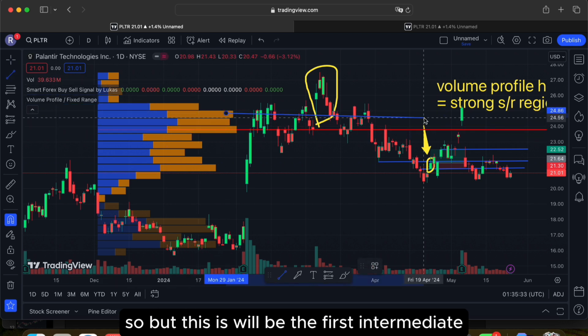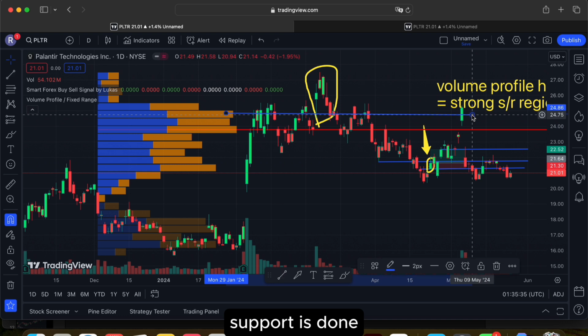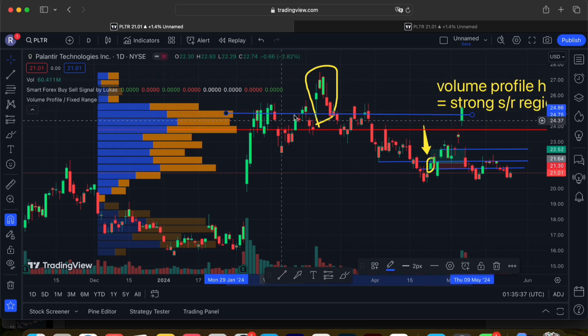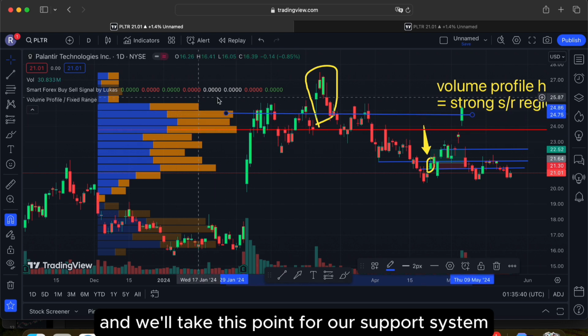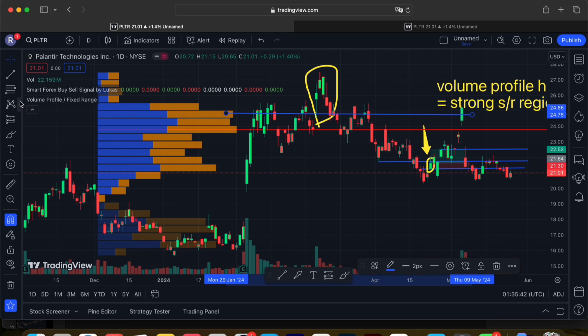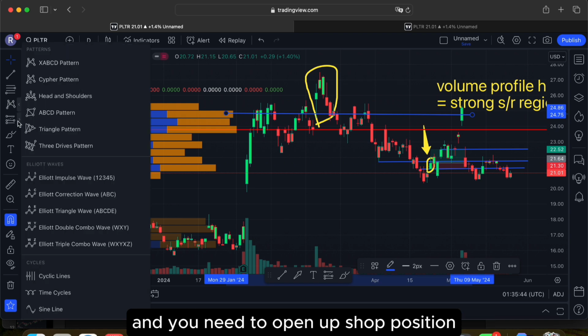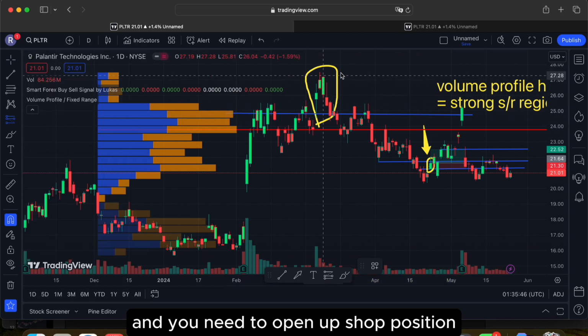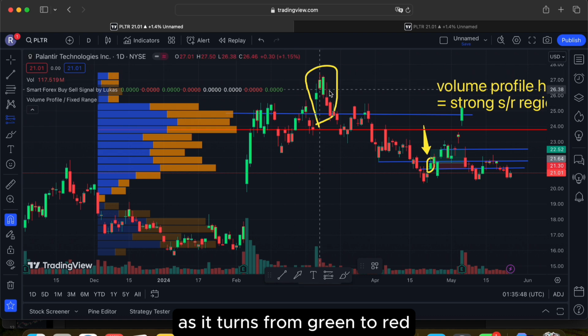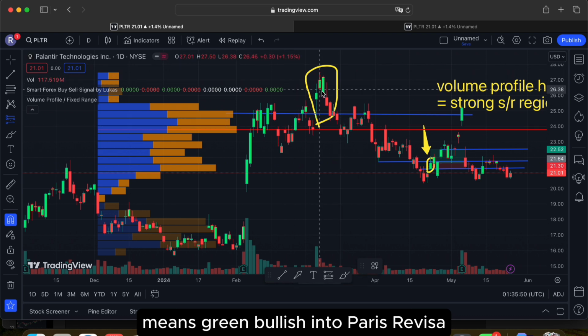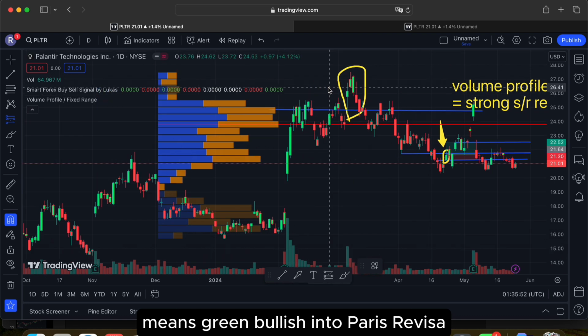So this will be the first intermediate support resistance, and we will take this point for our support. And you need to open a short position as it turns from green to red, meaning a bullish into bearish reversal.